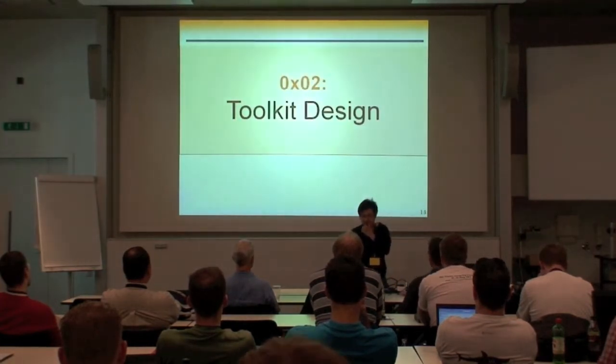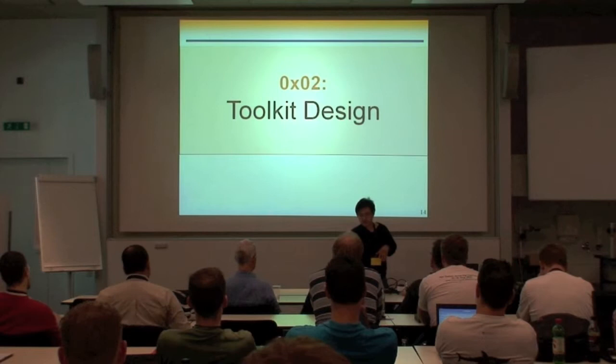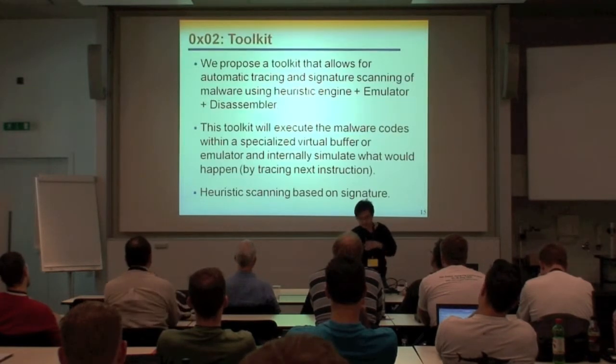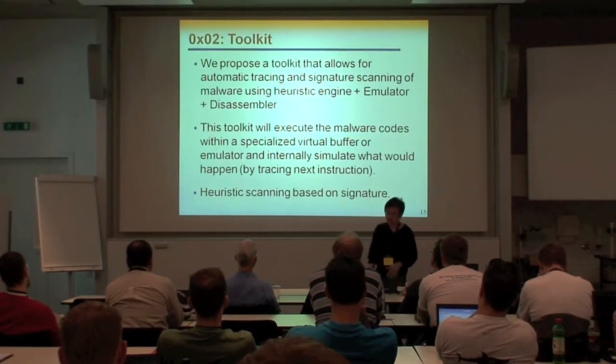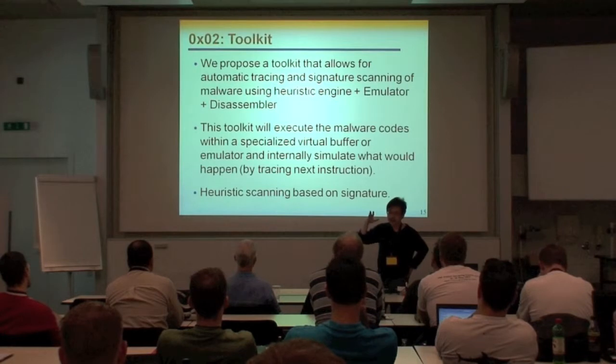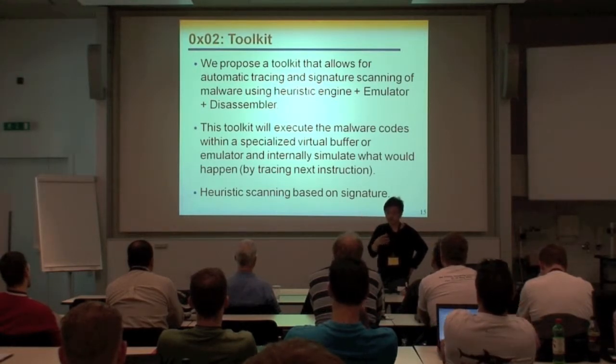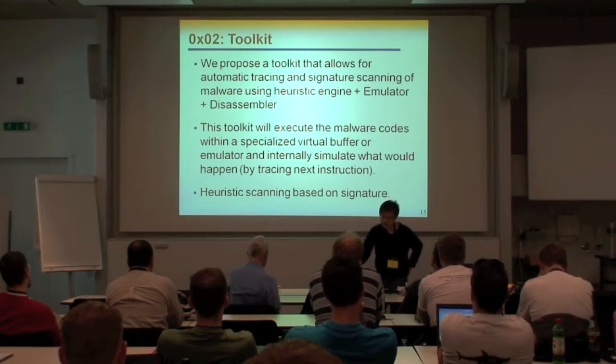So in this session I'm going to go through the design of the toolkit, which implements the disassembler plus emulator with a heuristic engine. In this project, we propose a toolkit that allows automatic tracing and signature scanning of malware using a heuristic engine with emulator plus disassembler.